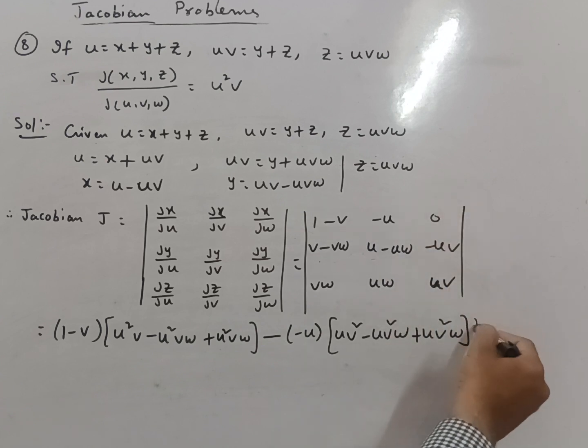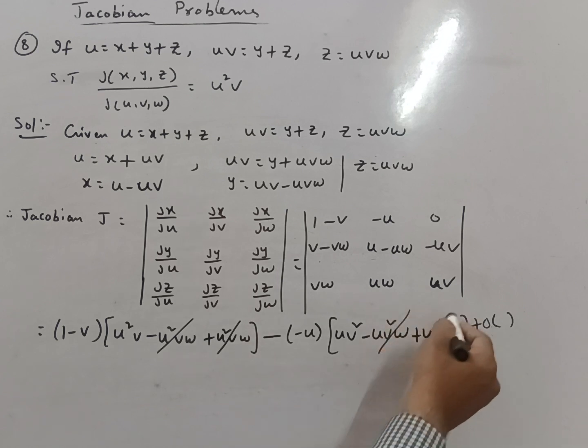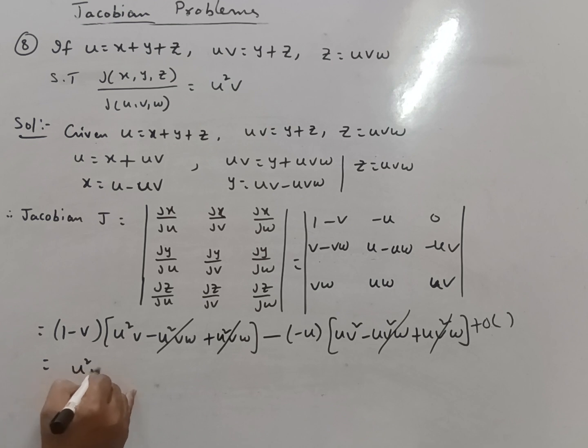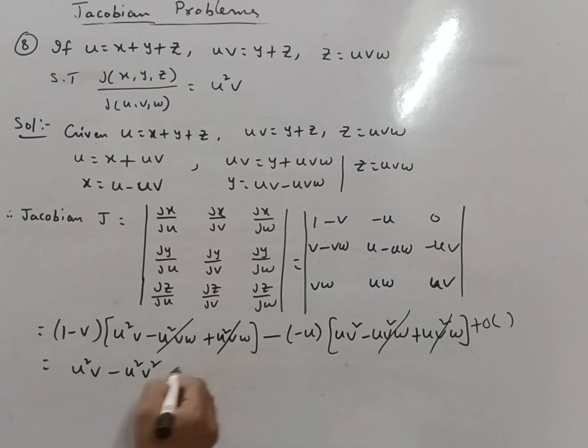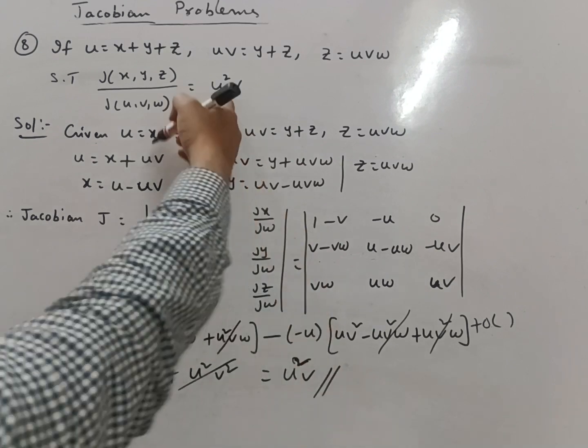Last part, 0 into anything is 0. Now minus u square vw plus u square vw get cancelled. Minus uv square w plus uv square w get cancelled. Multiply here, 1 into u square v minus u square v square, minus into minus plus u square v square. So minus u square v square plus u square v square cancel. What did I get at the end? u square v.